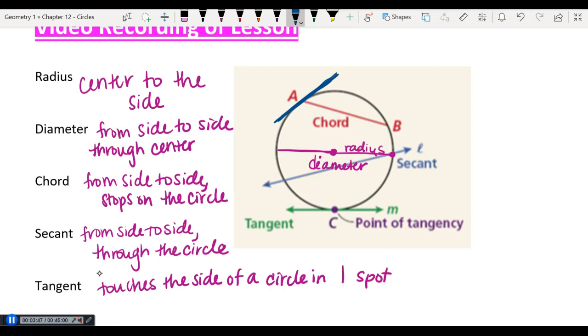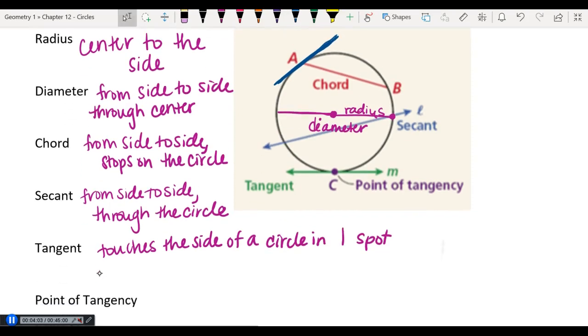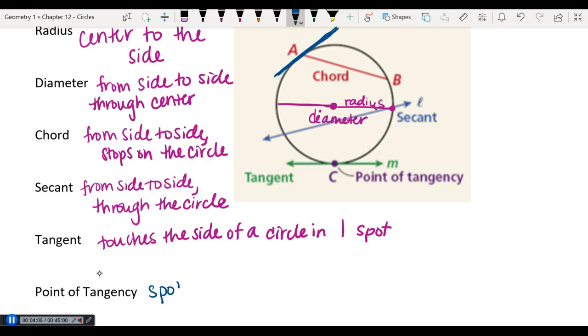That's what it means to be tangent. Your point of tangency is that point where it touches. You'll notice in the picture, point of tangency is highlighted. It's the spot where it just touches your circle. Questions on those vocab words?